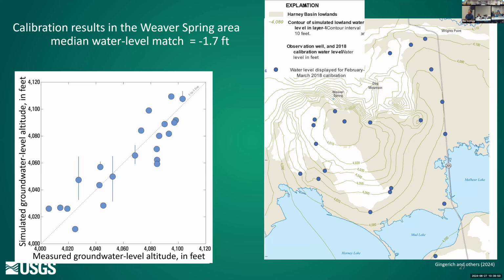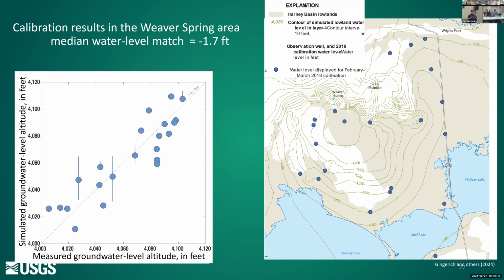All right, and then I guess that was probably the easier part. And then when we get to the lowlands, we also have to match the water levels in the lowlands where all the pumping is happening. And we have to do that for an 80-year period, right? So we have a synoptic water level run that was done in about the spring of 2018.